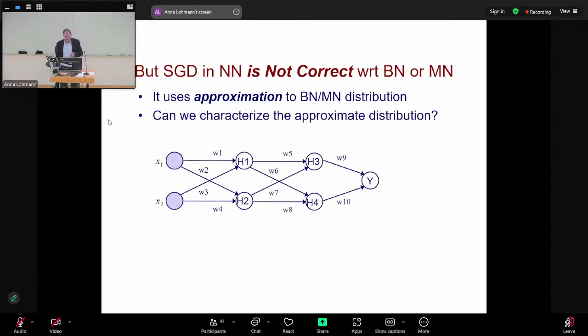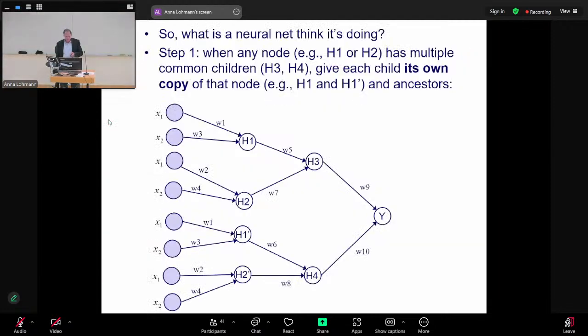But in the neural net, what's actually happening in effect is that H3 and H4 each have their own copy of H1. What we've essentially said is that H3 and H4 have the same conditional distribution conditioned on the input, but they're not tied to have the same value.